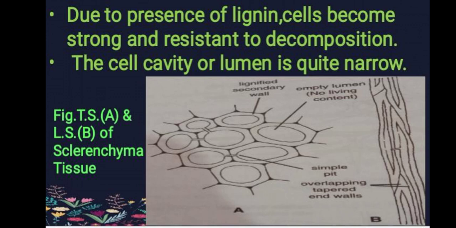Due to the presence of lignin, cells become very strong and resistant to decomposition. The cell cavity or lumen is quite narrow. This diagram shows you the transverse section and the longitudinal section of Sclerenchyma tissue.